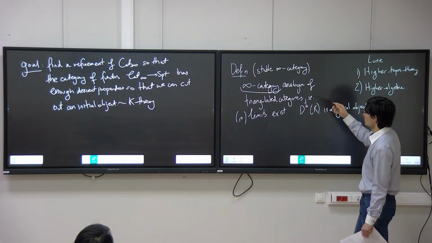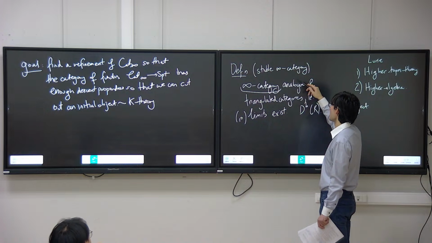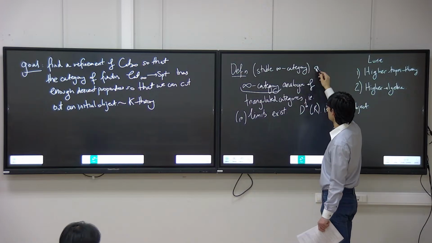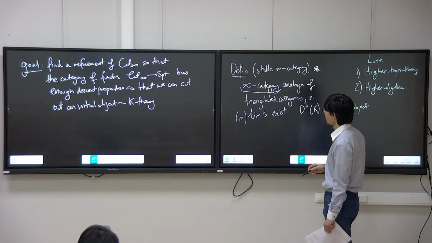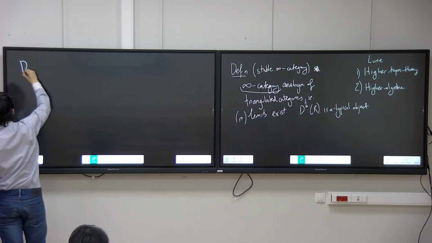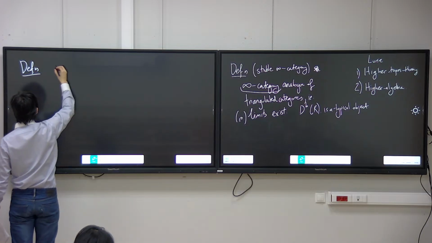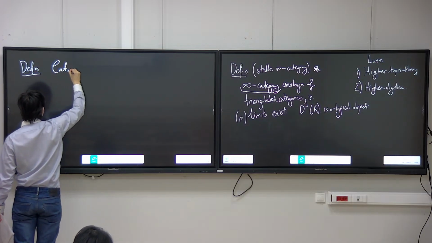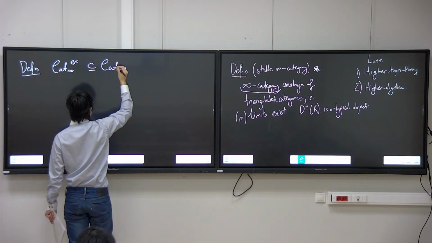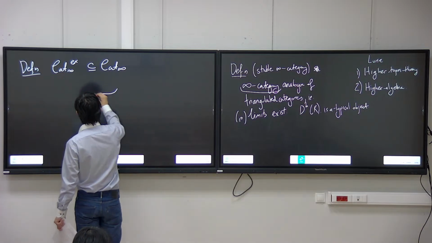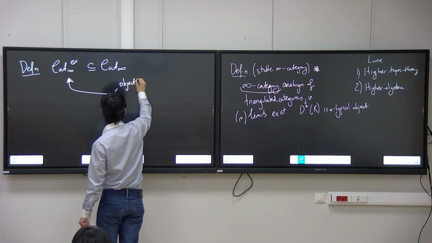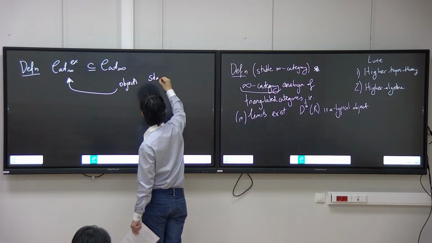So these things are maybe better behaved than just Cat infinity. Like a stable infinity category is better than just an infinity category. And we can pack this up, so we can define Cat infinity^x as a subcategory of Cat infinity, and this will be the objects, basically, stable infinity categories.